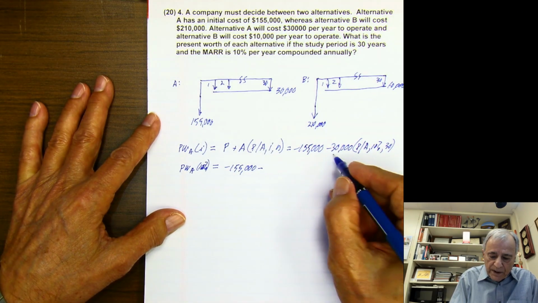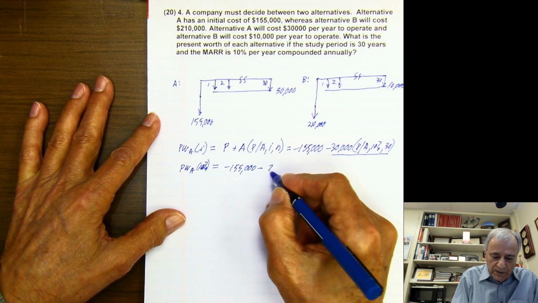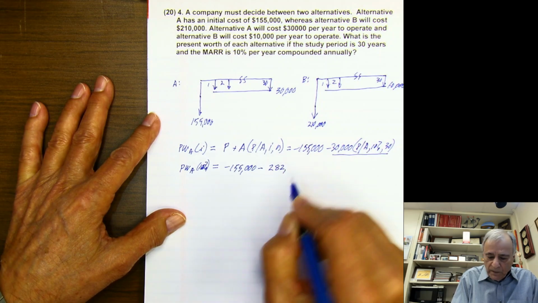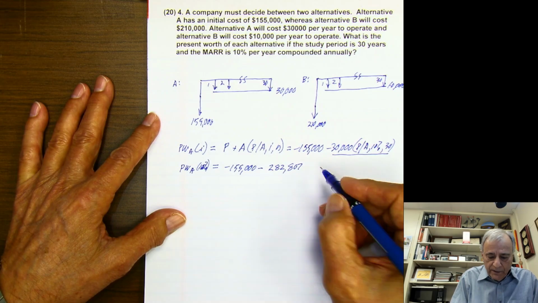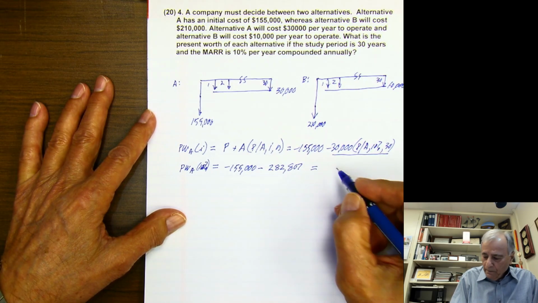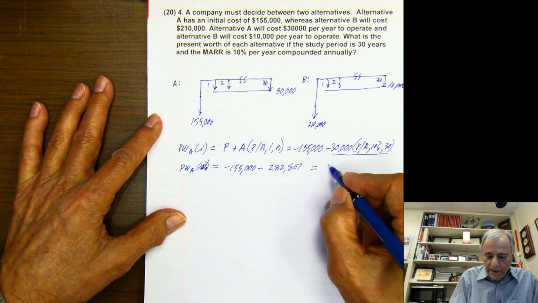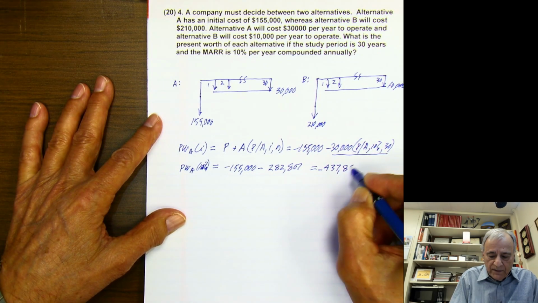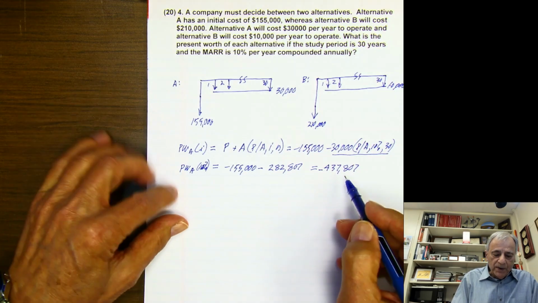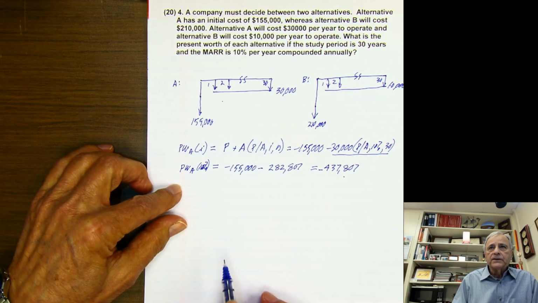That's what this number is. And if you add those, you'll get minus 437,807. That's the present worth of that cash flow.